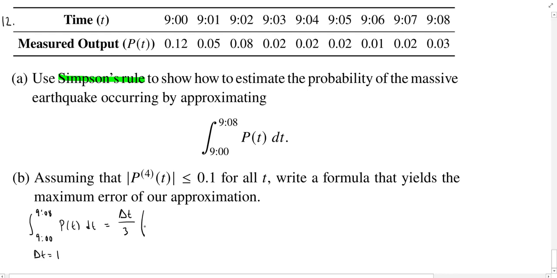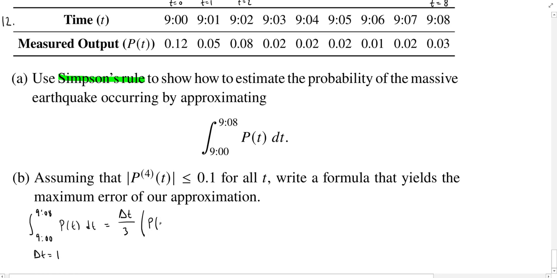All right, and now we need to evaluate p at our first time, and so our first time is 9 o'clock, but we don't want to write it that way, right? We want this to be time equals 0, and maybe this could be time equals 1, time equals 2, and so forth, right? And then our last one will be time equals 8.